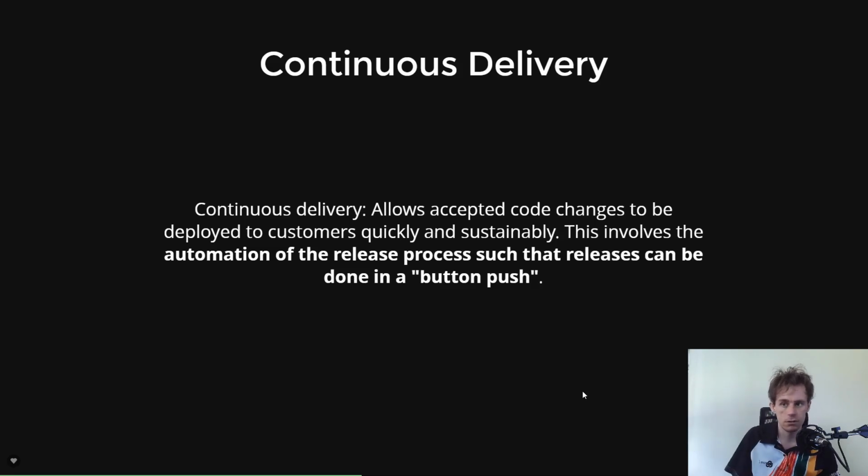Often this involves the automation of the release process, but you still actually have to press a button. So continuous delivery, in summary, is a big red button: you click it, and what's on your master branch goes out to everyone who uses your software. Or more specifically, it goes out to some kind of server through which everyone accesses your software.